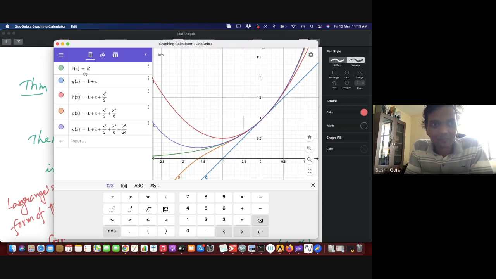So you see, even if the derivative does not exist, a polynomial can approximate. But here, since the derivative exists, in terms of the derivatives you get a polynomial which is close by.